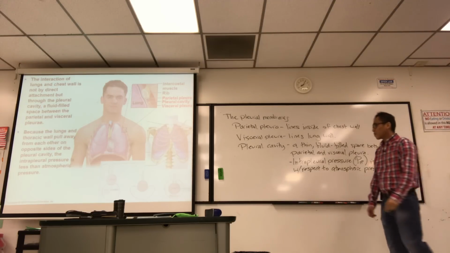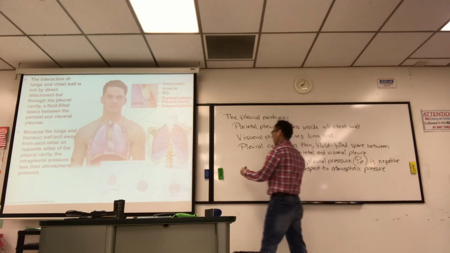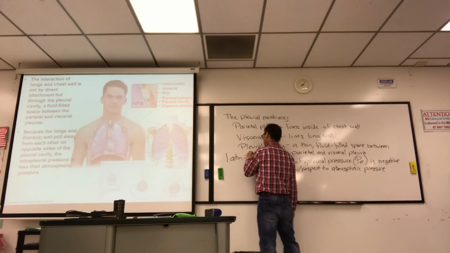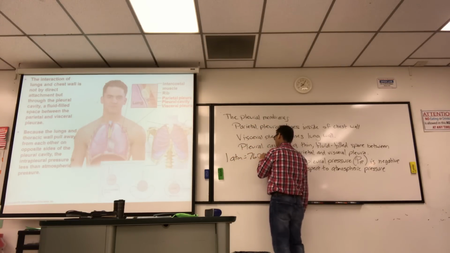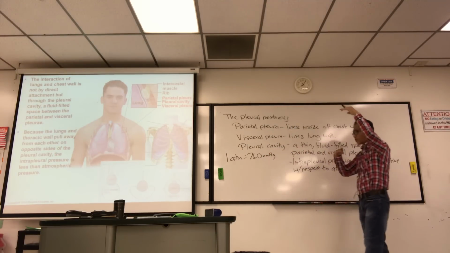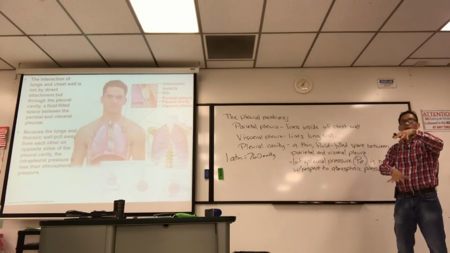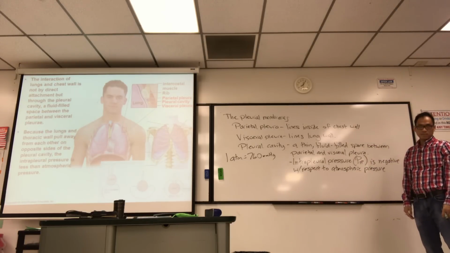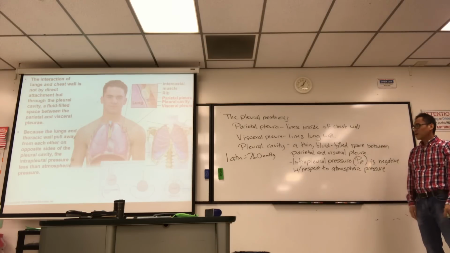Pressure of the atmosphere, barometric pressure at sea level: 1 atmosphere is about 760 millimeters of mercury. It's the pressure of the atmosphere of Earth, the air pushing down on our bodies. Sometimes it's called pressure of the body surface. We just call it atmospheric pressure here. 760.